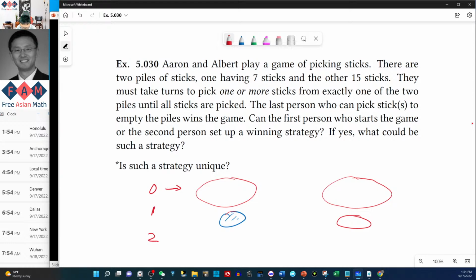Because the number 1 situation, one empty and one non-empty, is a situation in which the player to move wins, you can see that this guy at this stage definitely wants to avoid the situation we see at stage one, because that way he will lose, right? So it's not that he is not smart, creating a situation for the other guy to win. He created a situation only because he had to.